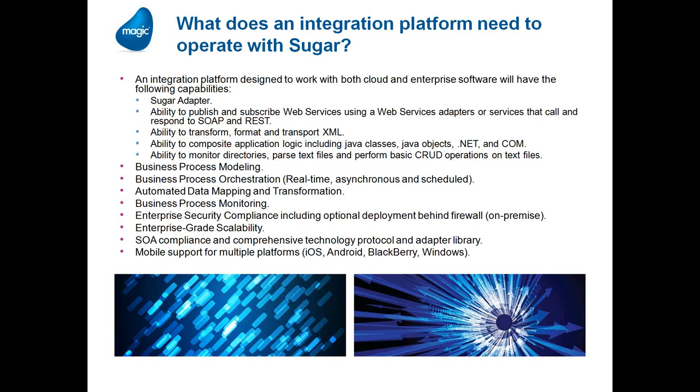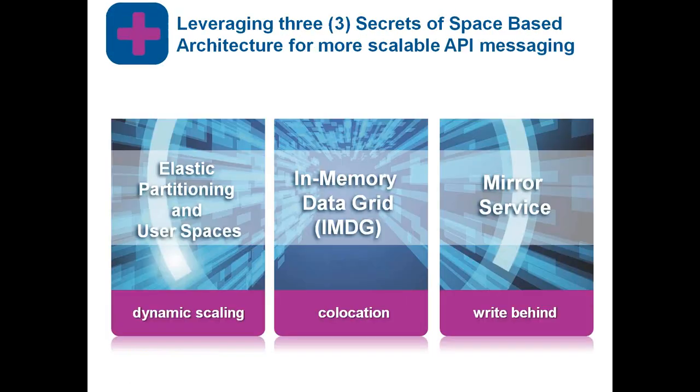Even scheduled batch jobs are possible, to do data mapping and transformation visually, to monitor your business processes, and to do it in a way that is secure, that is scalable, that is compliant with service-oriented architecture principles, and of course in a way that can integrate with mobile apps, including having companion technology for actually building new mobile apps that can enhance the business processes that you're experiencing in your Sugar environment. All of that is part of what is delivered by Magic Software's technology platforms, and we're very excited about it.